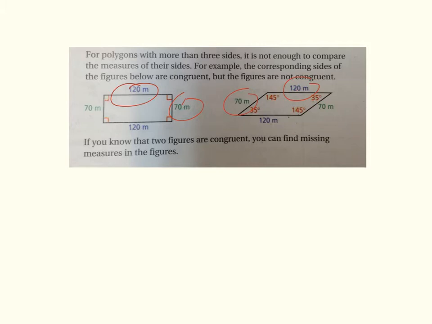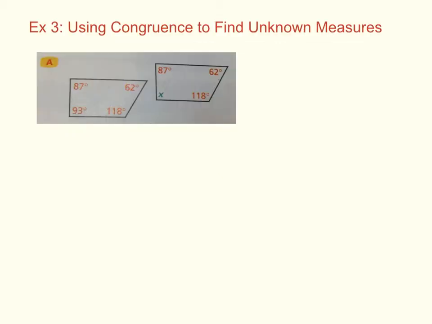Here we have 90 degrees, and here we have 145 and 35. If they're not the same measure on the inside, these shapes cannot be congruent. I can't cut this shape out and paste it on top of this one. They won't match. If you know that two figures are congruent, you can find missing measures in a figure.